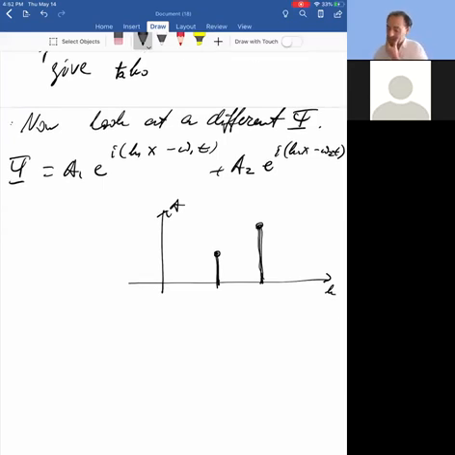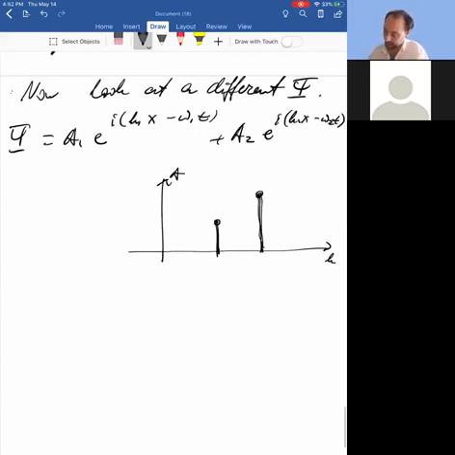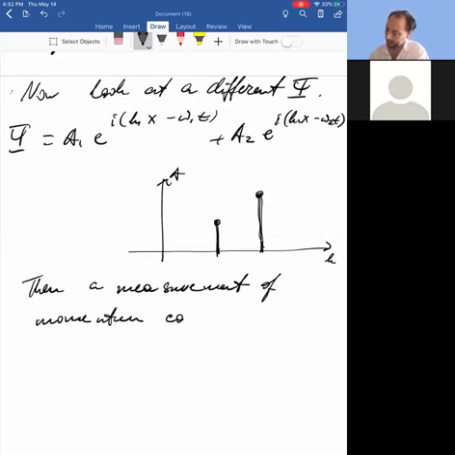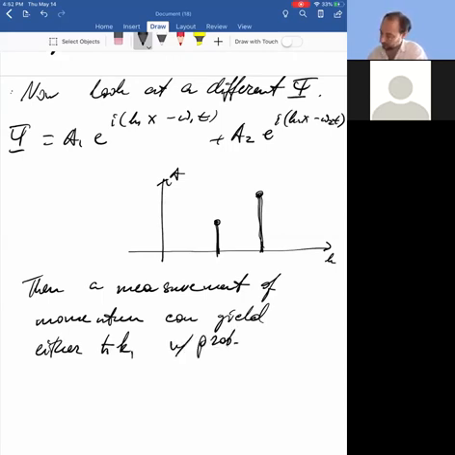And to say that the Fourier transform squared gives probability, it means the following. Then a measurement of momentum can yield either h bar k1 with probability a1 squared, or h bar k2 with probability a2 squared.